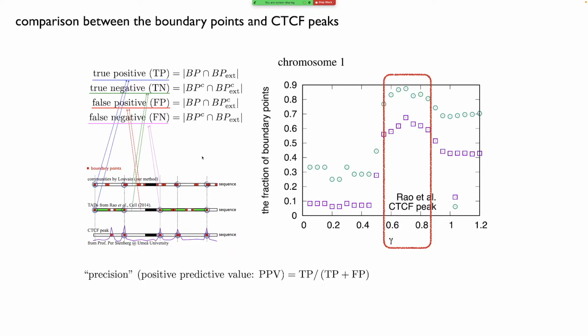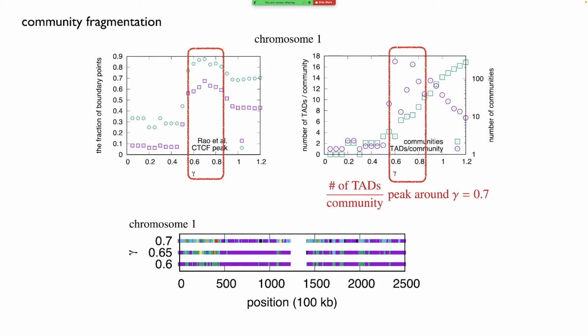And as you can see here, the number of community boundaries, or non-contiguous pieces of community per community, has these peaks around a gamma value close to 0.7 again here.